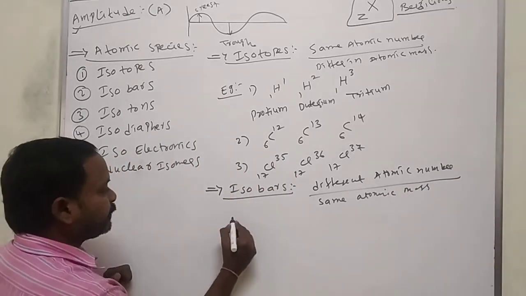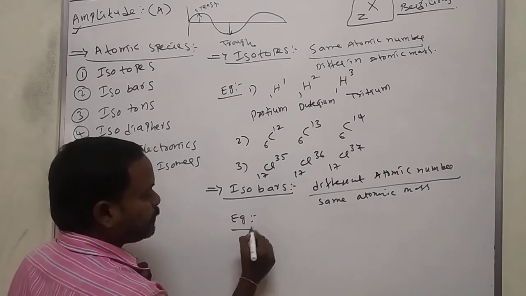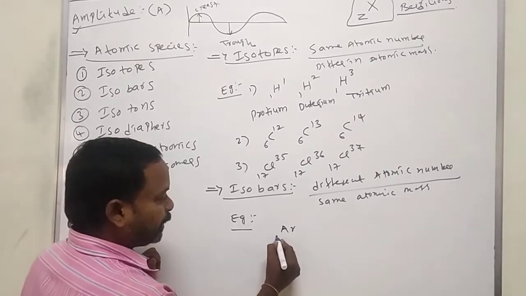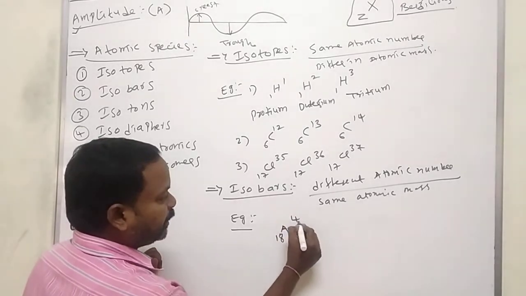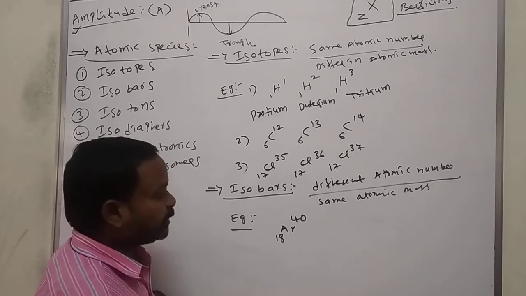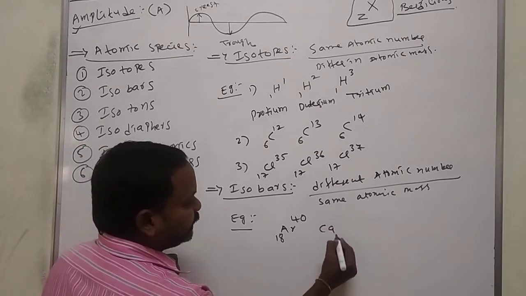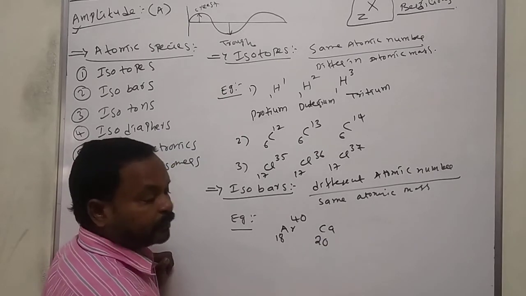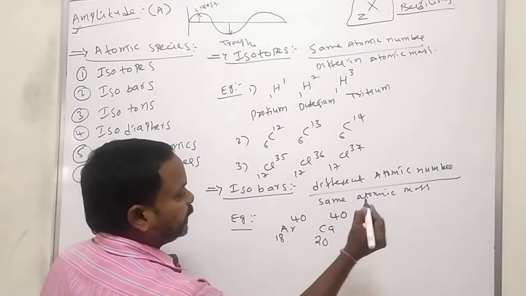Here I am taking one example. Atomic mass is the same, right? Argon: atomic number 18, atomic mass 40. And calcium: atomic number 20, atomic mass 40.